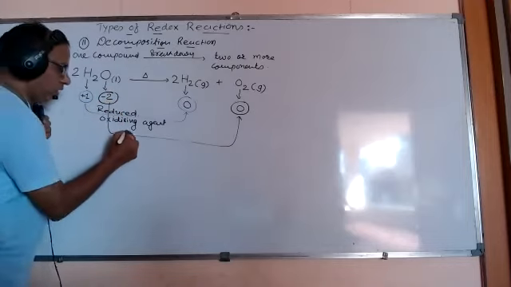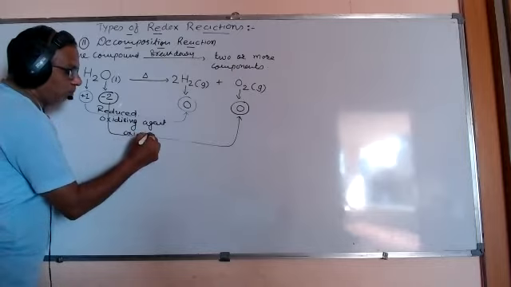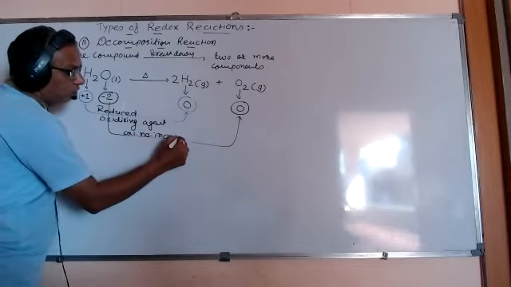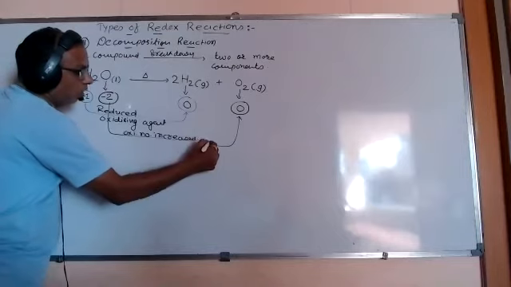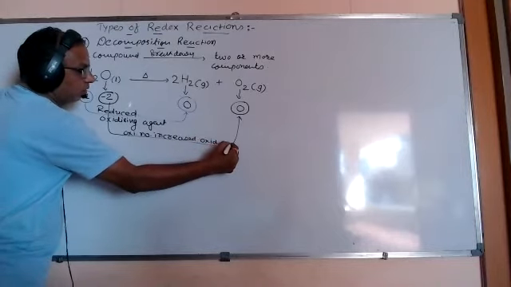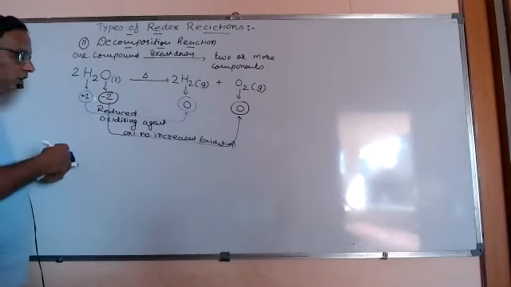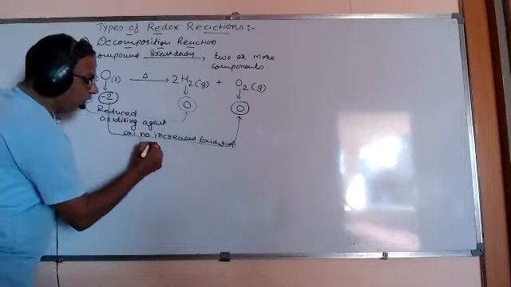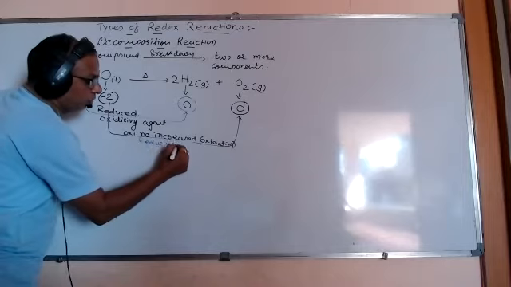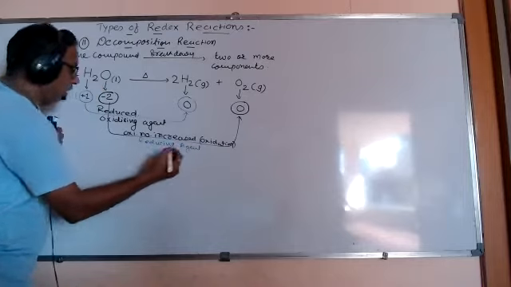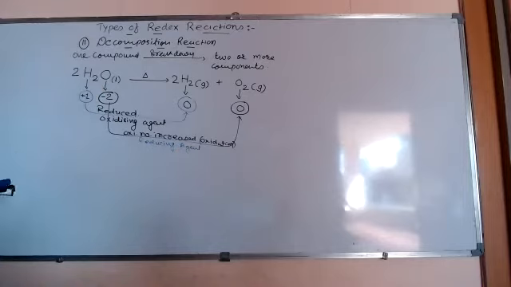So we can say oxidation number increased. It is called oxidation. So oxygen is oxidized and it is called the reducing agent, right?